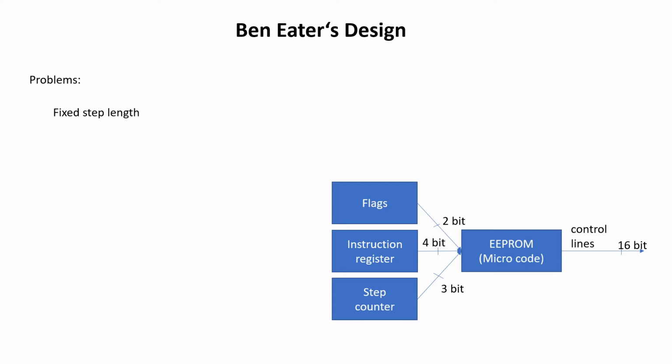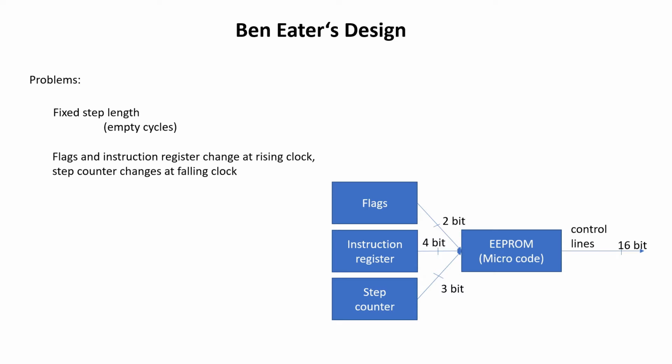there is a fixed step length. So no matter how many steps an instruction really needs, you always have to have 5 steps, and that means there might be empty cycles in an instruction, slowing down the speed of the CPU in total. And the other thing is that the flags and the instruction register change at the rising clock, and the step counter changes at the falling clock.